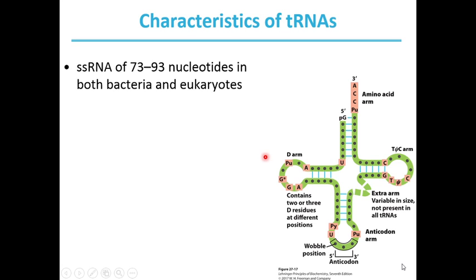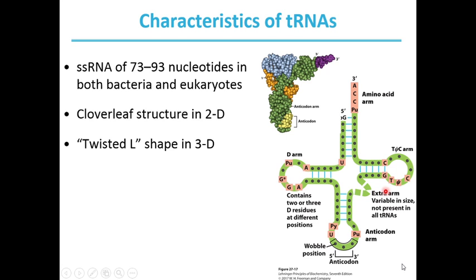One of the characteristics of tRNAs is that they are single-stranded and about 73 to 93 nucleotides long in both bacteria and eukaryotes. They have a cloverleaf structure, as shown here, in 2 dimensions, and a twisted L shape in 3 dimensions.